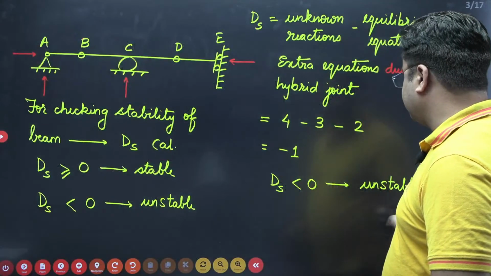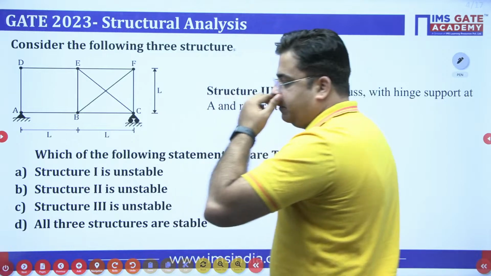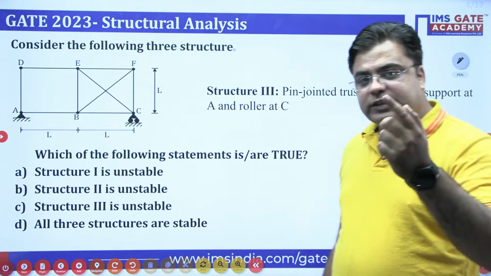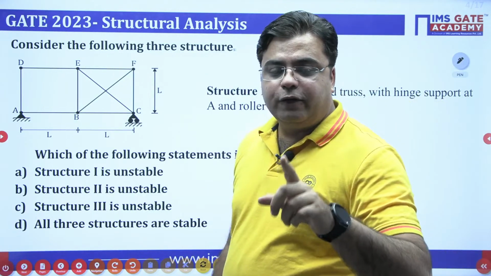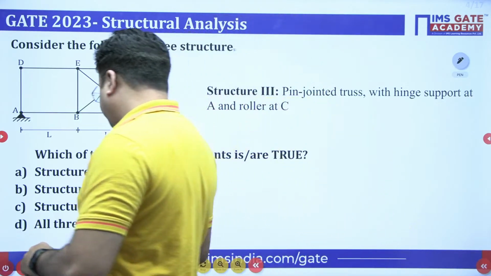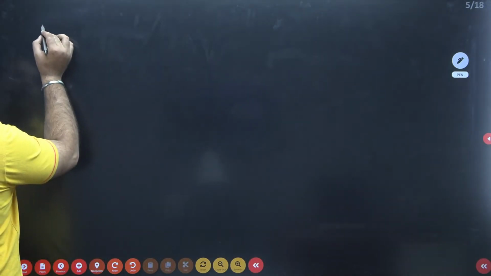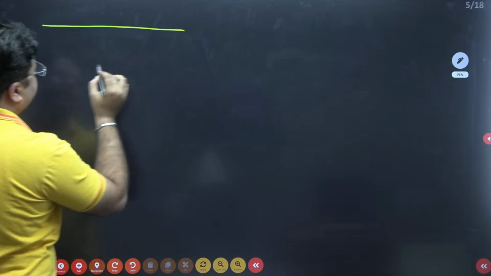Now check the third structure. This is the frame given to you. This is a truss basically. In order to check the stability of the truss, again, the first criterion is the degree of static indeterminacy, DS. So I talk about truss, not frame.